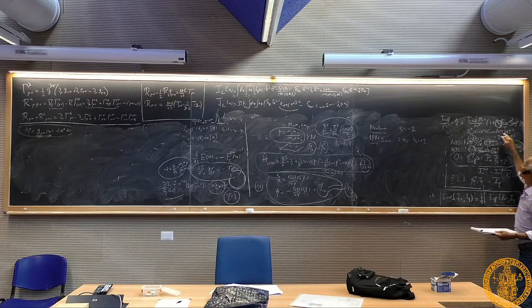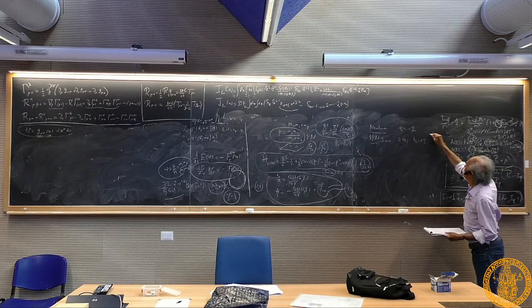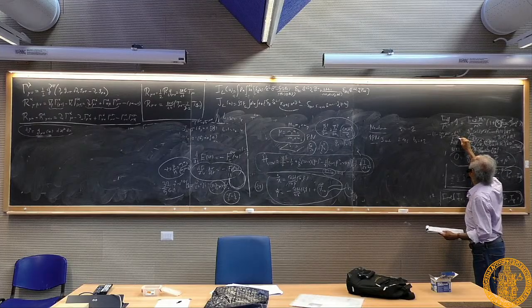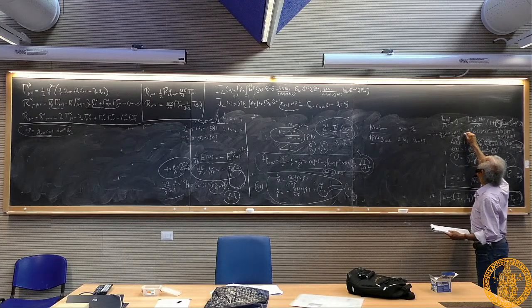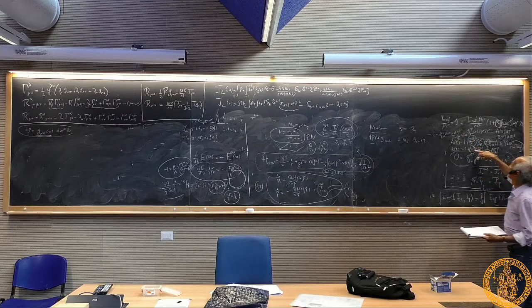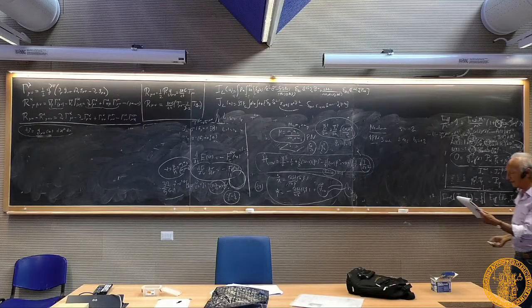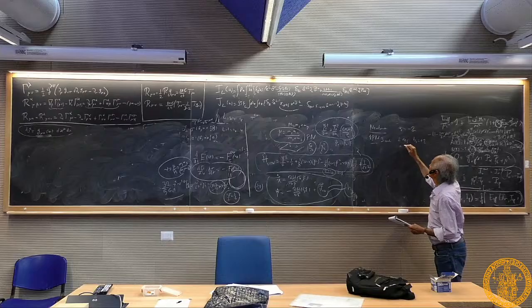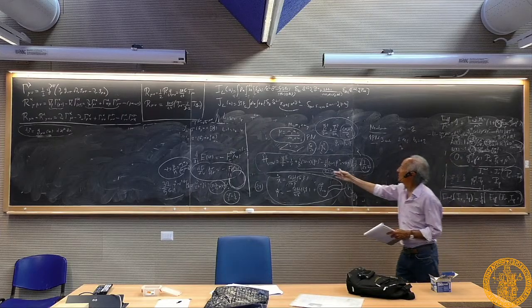Let me remind you that the Schwarzschild metric is minus (1 minus 2m over r) dt squared plus dr squared over (1 minus 2m over r), plus r squared d theta squared, etc. So when I expand this, I get +2 here, the inverse of the other one.